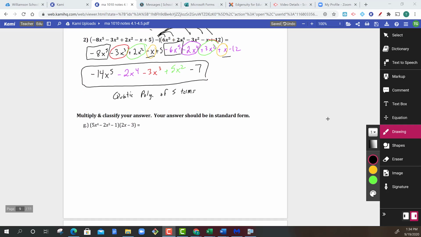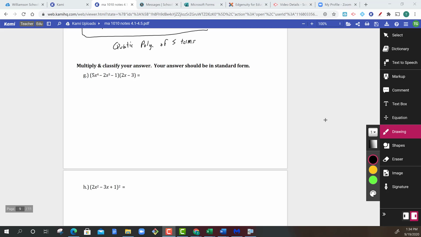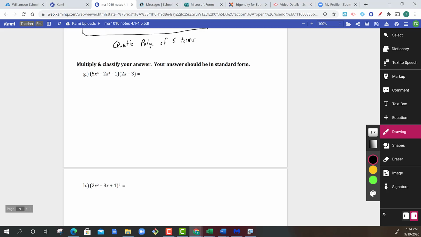All right, so finally, and maybe the most important thing in this entire unit is multiplication. So we're going to multiply a trinomial times a binomial here in the first example. But basically, this just means we're doing the distributive property multiple times here. So what I'm going to do is distribute from left to right.